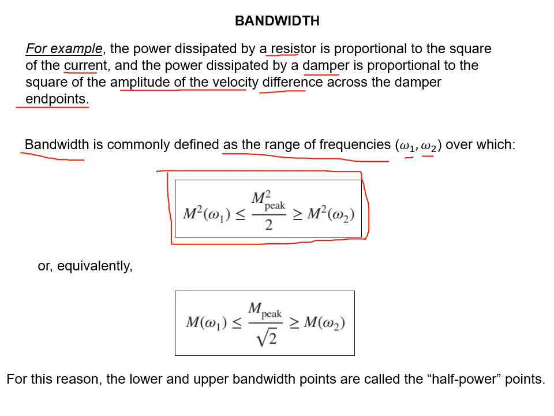Equivalently, we can rewrite this same relationship and say M of omega 1 is less than or equal to M peak over the square root of 2, which is greater than or equal to M of omega 2. So you can see that it lies in between M of omega 1 and M of omega 2. For this reason, the lower and upper bandwidth points are called the half power points.